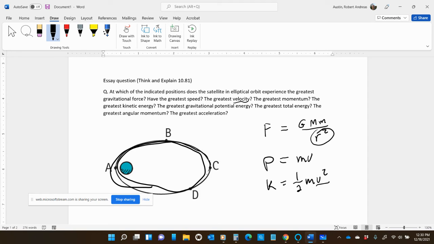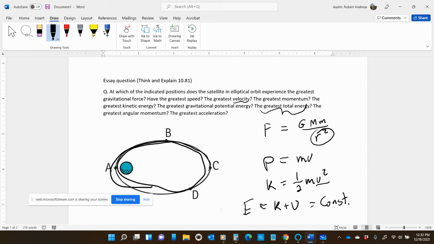Potential energy. Well, let's just skip for a second. Where's the greatest total energy? The total energy, which is the sum of the kinetic plus the potential energy, is constant because energy is conserved. So we just said that you have the maximum kinetic energy at A. That would be where you'd have the minimum potential energy.